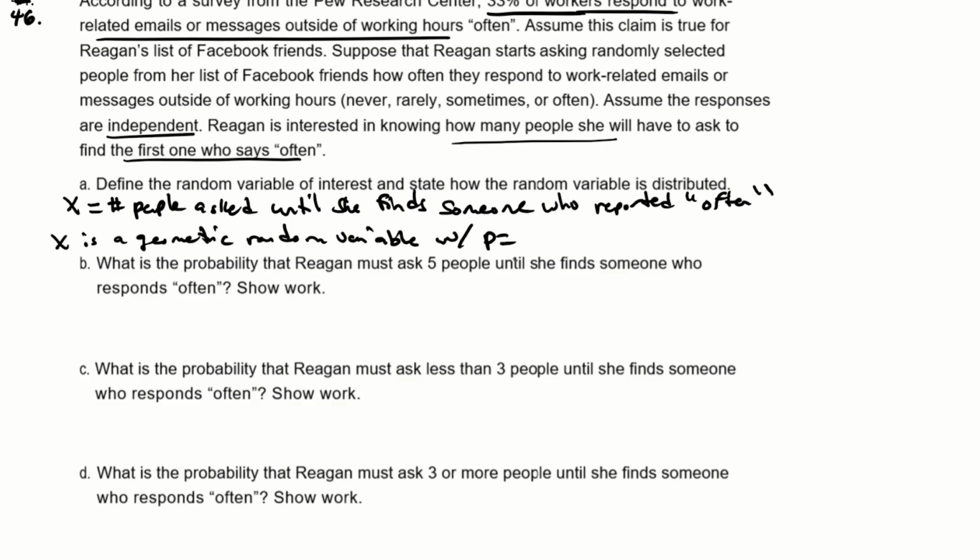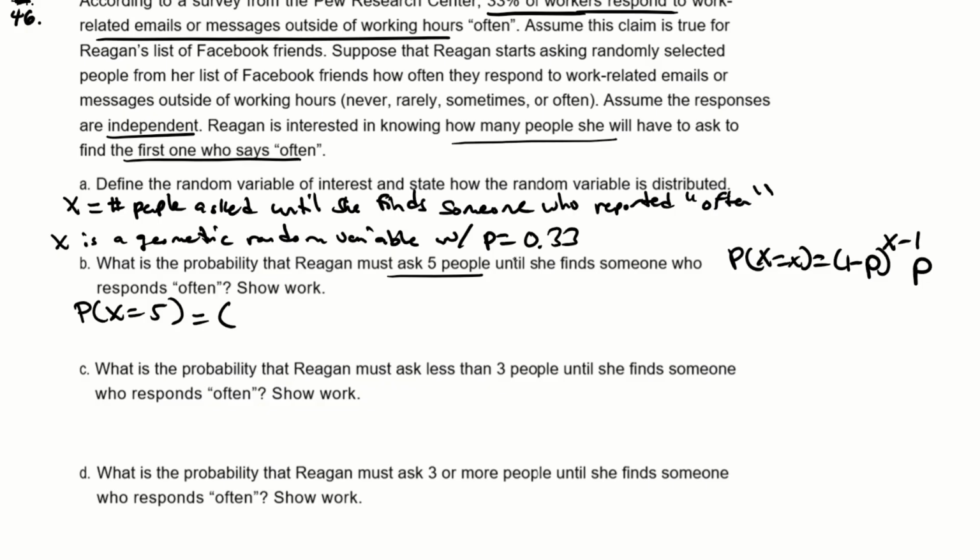So p is 0.33. Now, what is the probability that Reagan must ask 5 people until she finds someone who responds often? So the probability that X is equal to 5. Remember the formula is (1 minus p) to the x minus 1 power times p. So it's (1 minus 0.33) to the 5 minus 1 power, or 4, times 0.33, which is the same thing as 0.67 to the 4th times 0.33.